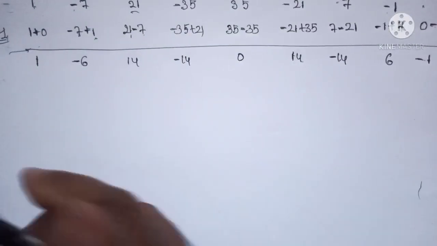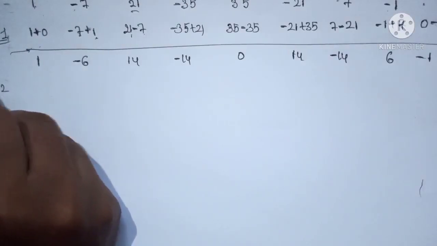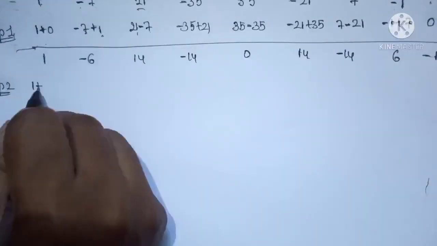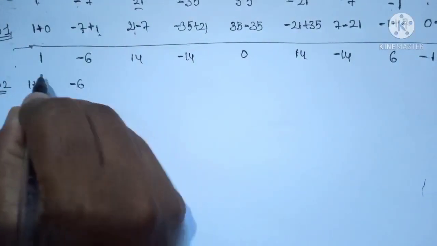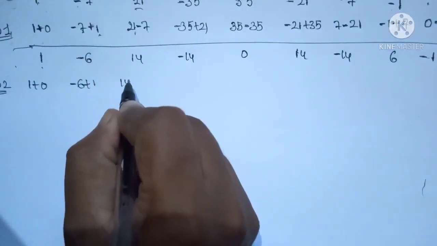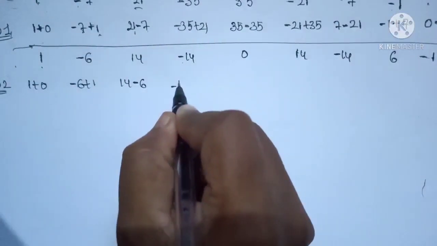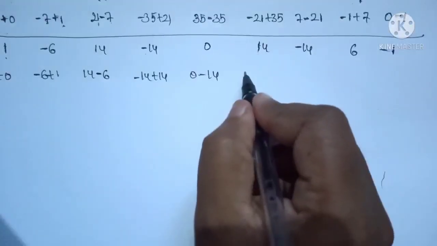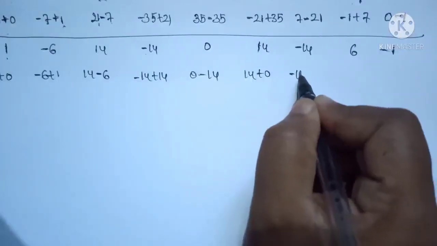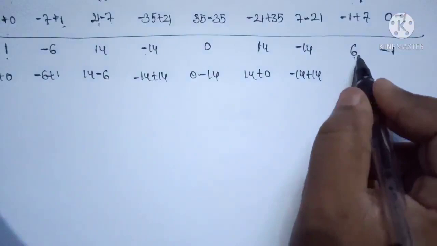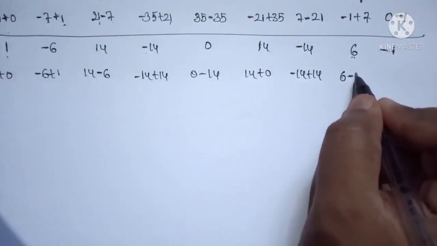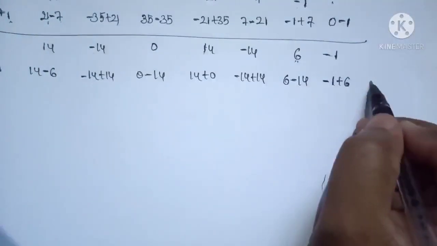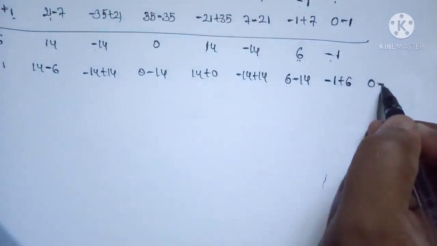So we repeat once again, step 2, again adding with the previous one: 1 plus 0; minus 6 plus 1; 14 minus 6; minus 14 plus 14; 0 minus 14; 14 plus 0; minus 14 plus 14; 6 minus 14; and minus 1 plus 6.